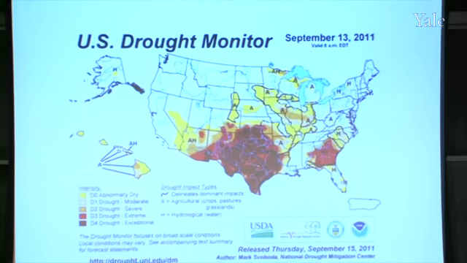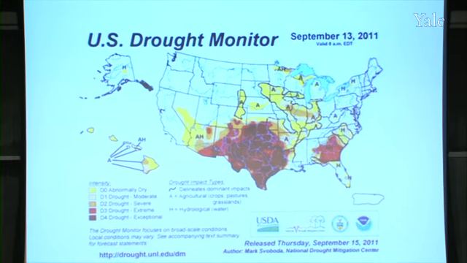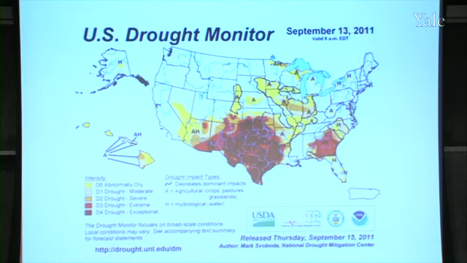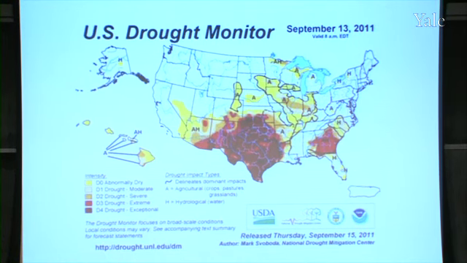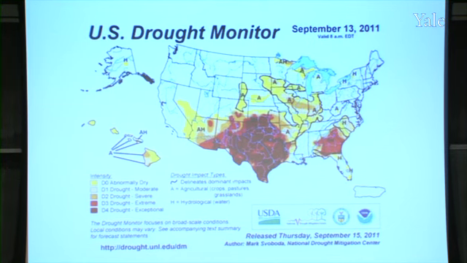There's a mix of brown and red colors in there, but no one would argue that that wasn't, if not the most, the strongest drought in Texas over the last several decades, at least one of the strongest droughts.